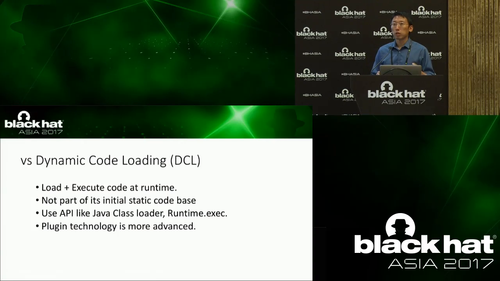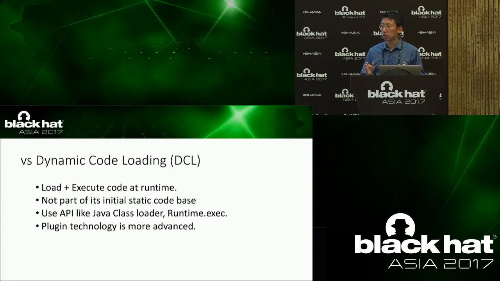This sounds similar to a technique called DCL, dynamic code loading, which allows an app to load and execute code that is not part of the initial static code base at runtime. Both are used to run additional code that is not present in the original app package at installation time.